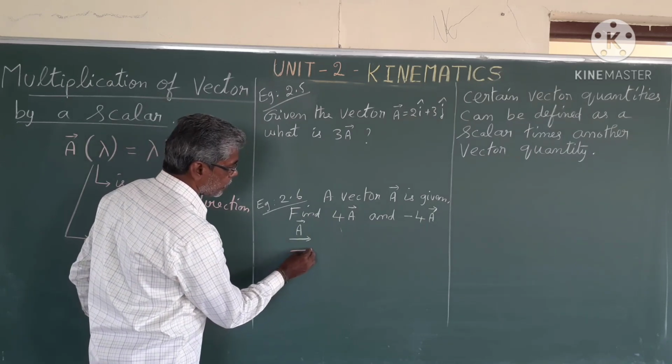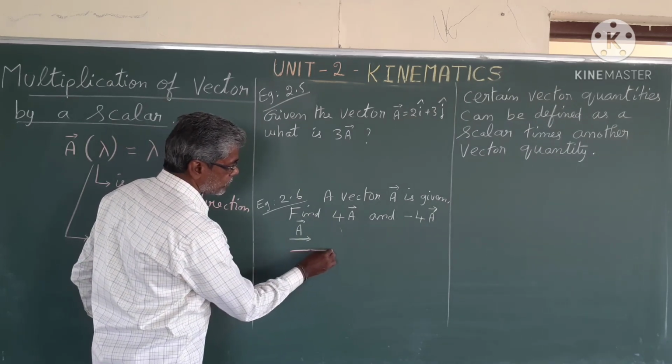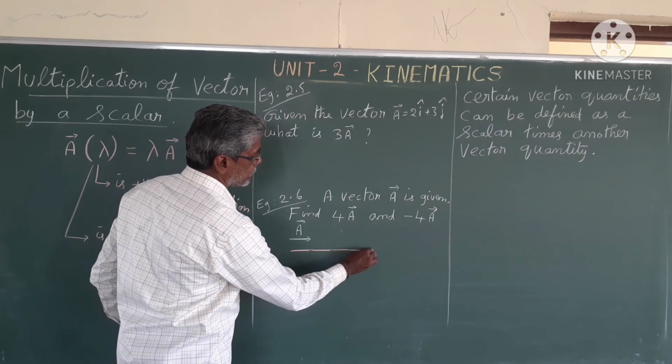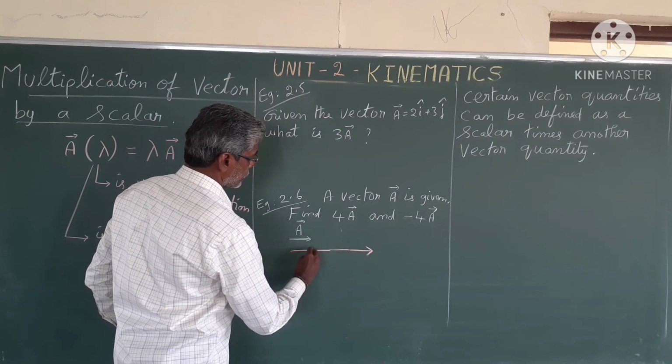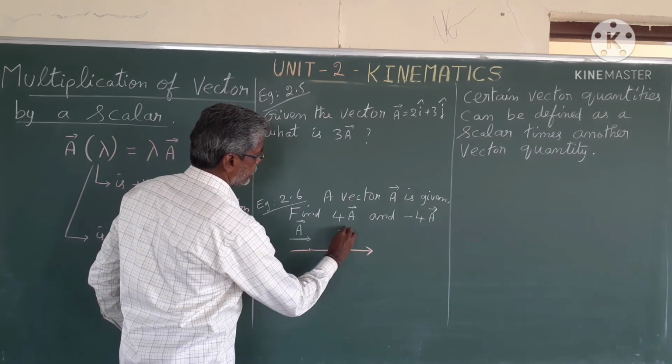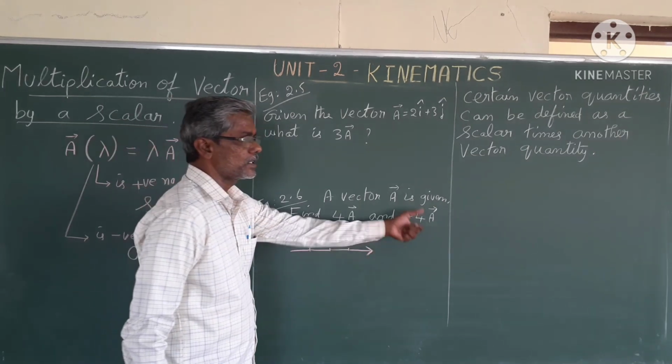So 1 time, 2, 3, 4. So it is 4a vector. Now you see minus 4a vector.